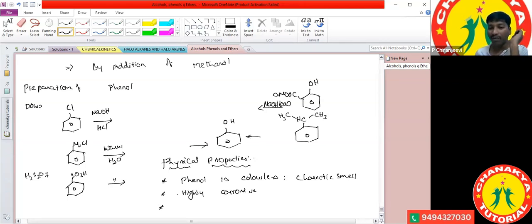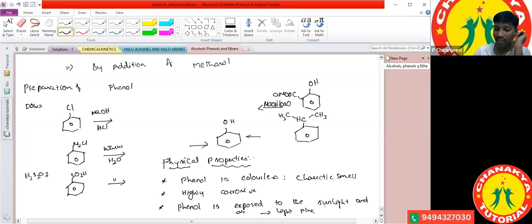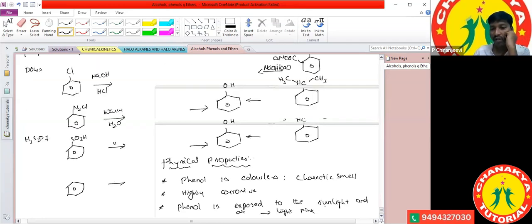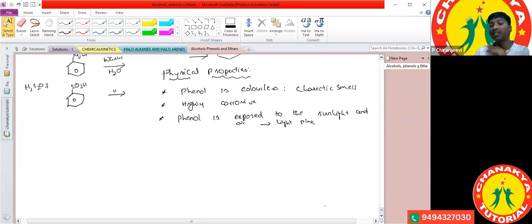Sir, how does it become light pink? When phenol is exposed to sunlight and air, it turns into a light pink color. That means it undergoes an oxidation reaction, and then it is converted into the light pink color.